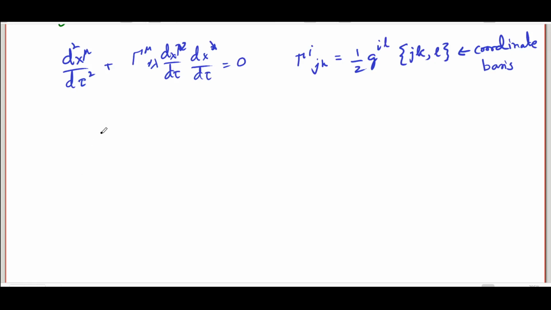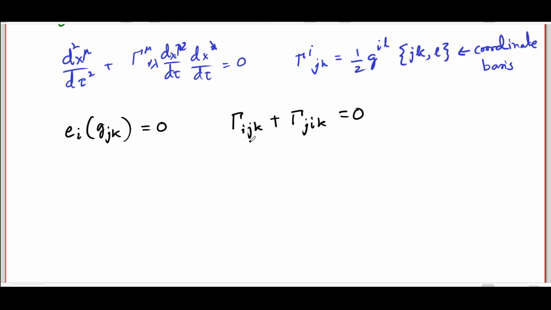One of the first results that you will get if you are using this basis, which essentially follows from the fact that the g_jk's are all constant functions, is that the vector fields acting on them give you 0. You couple this with the definition of a connection and you can show that what this leads to is this result: gamma ijk plus gamma jik equals 0.